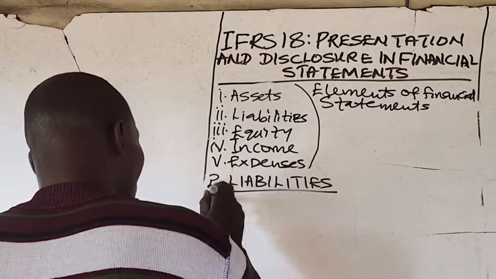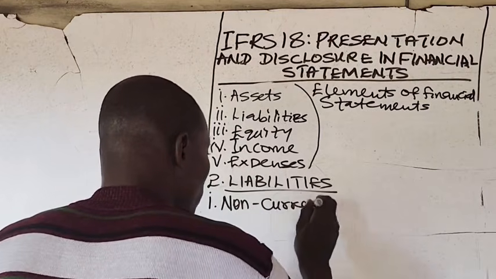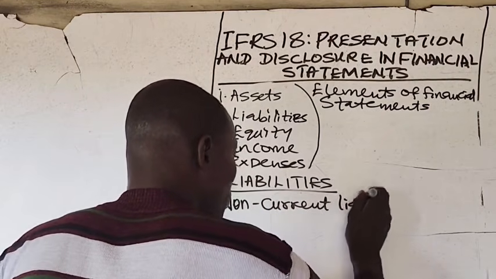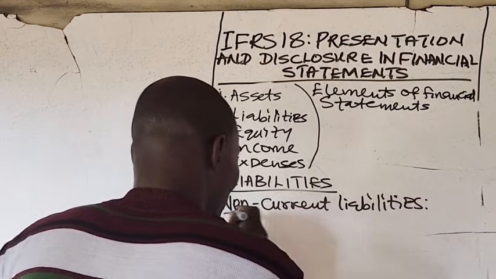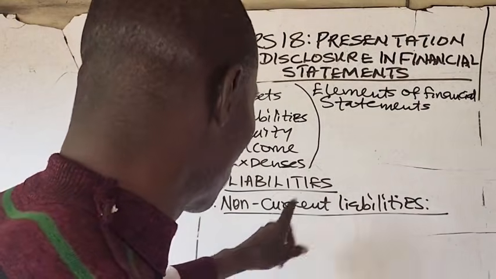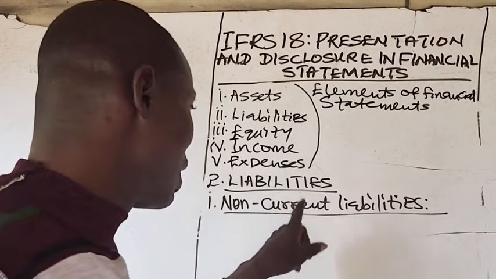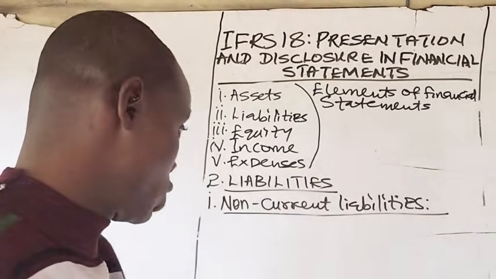Number one, we have the non-current liabilities. When we say current, it is usually used to refer to time. When something is current, that means it is within 12 months.